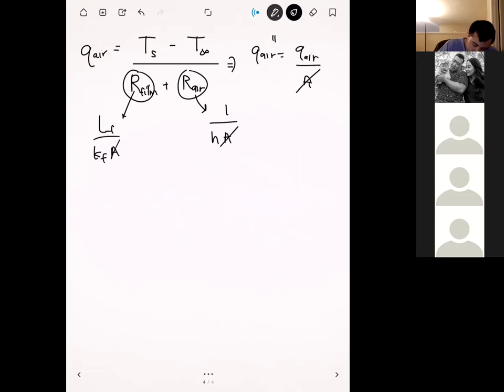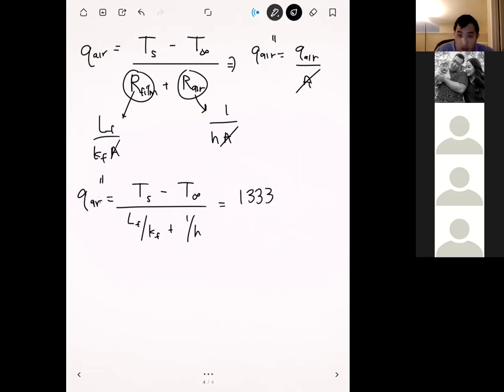And so we get that Q air double prime is equal to Ts minus T infinity all over LF over KF plus 1 over H. And then, you know, we have all these things in the problem, so we plug everything in and we get 1,333.33, repeating, of course, watts per meter squared.